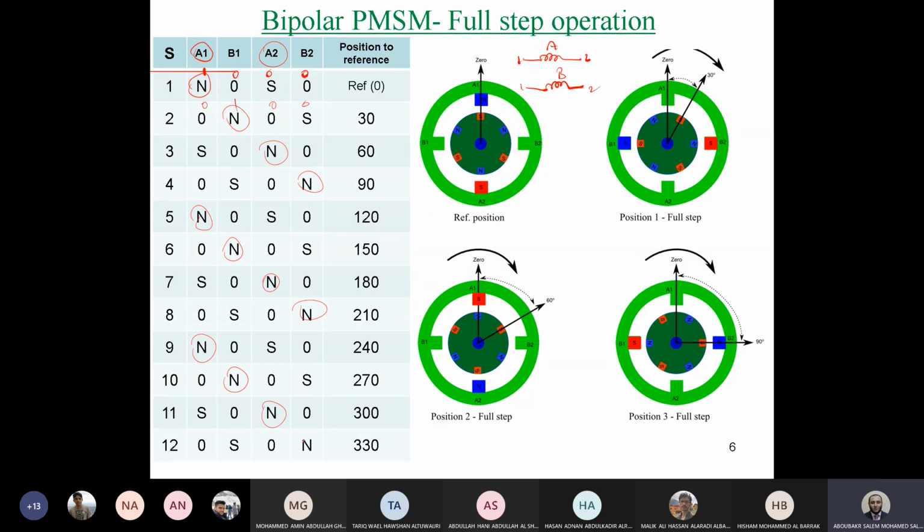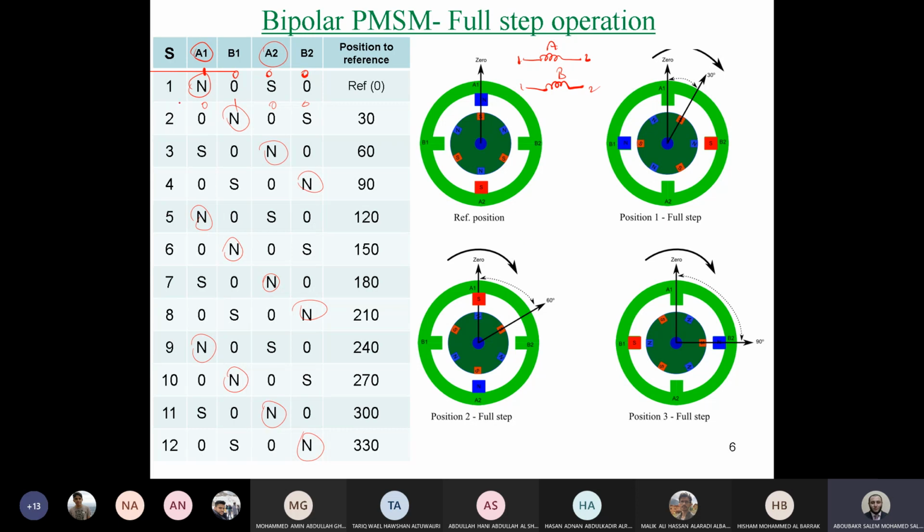Okay, guys. So N will be instead of active high, and S will be the other terminal, and take care, the other coil will not be energized at all, which means it's 0. By the same way, guys, the operation will be the same now. But let's discuss the operation in more detail.